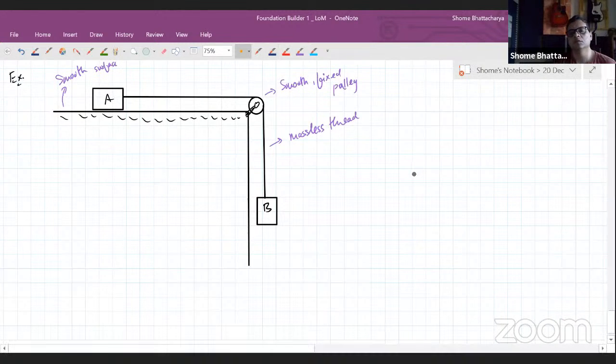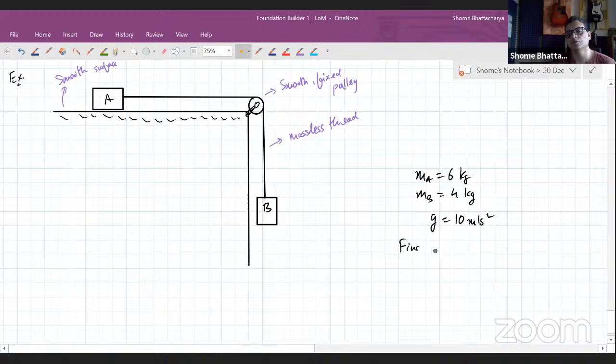Let's say given mass of the block A is 6 kilograms, mass of the block B is 4 kilograms, and g is equal to 10 meters per second square. You want to find the acceleration of the blocks and the tension in the thread.